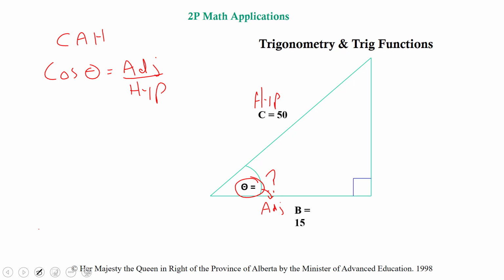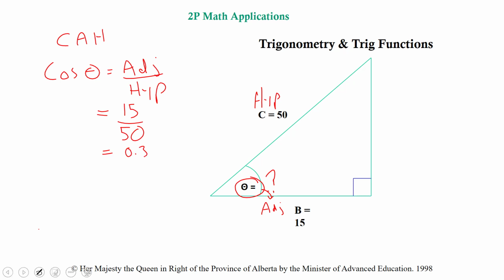Let's fill in some values. We've got the side adjacent, which is 15, and we're going to divide it by 50. What's that going to come to? 0.3.